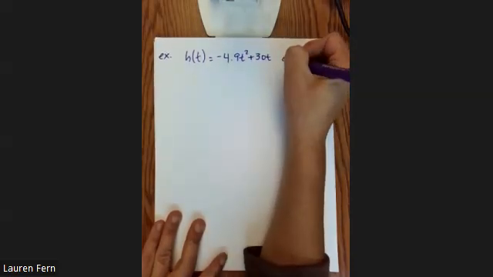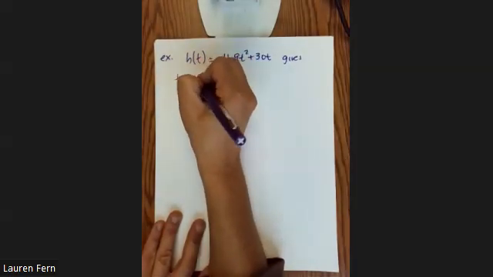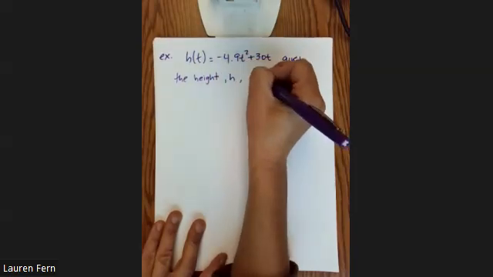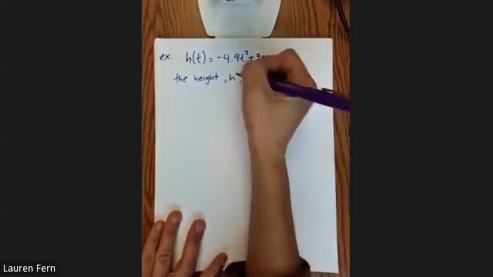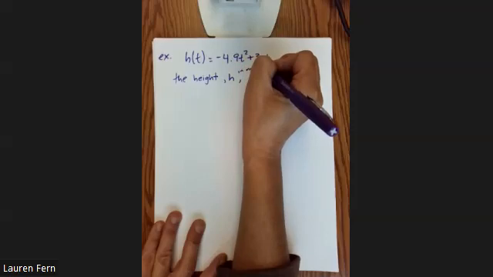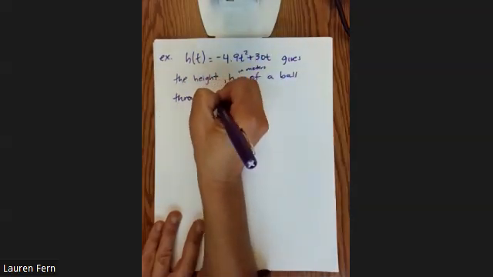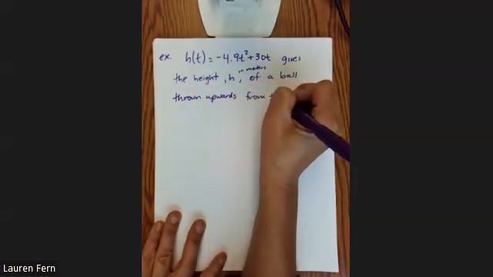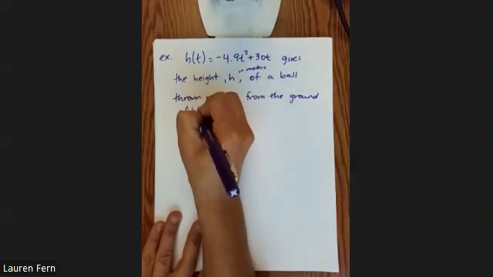Suppose I tell you that that function gives the height h of a ball, and I'll say that the height h is in meters, thrown upwards from the ground after t seconds.